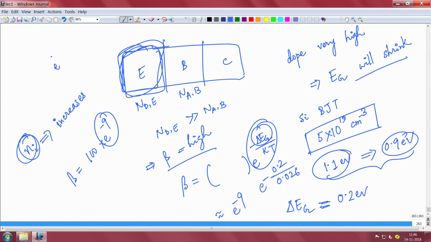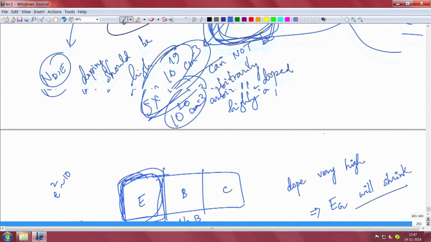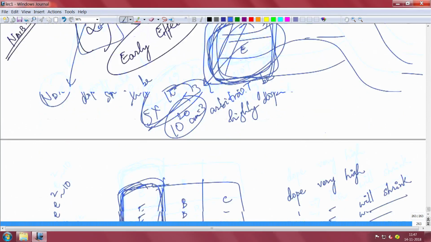For example, e squared is almost 10, so e to the power 9 will be like 10 to the power 5 or so. So this beta will be much lower than 1, and your gain has gone for a toss. What it means is that you cannot arbitrarily dope the emitter high, because the band gap narrowing effect will lead to a reduction in the gain.